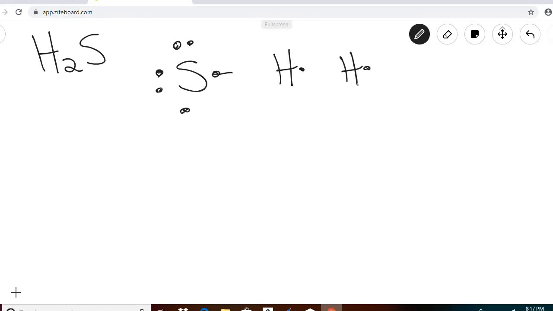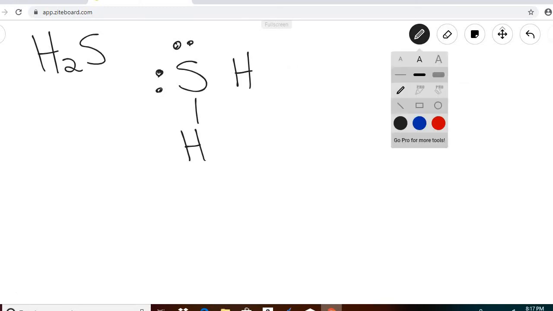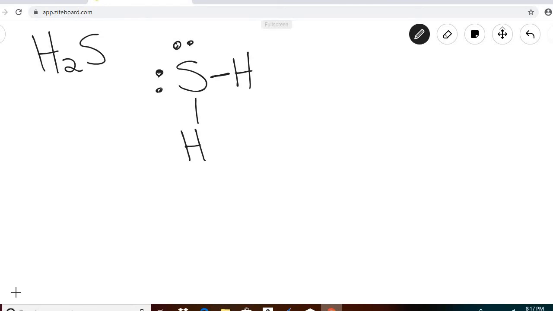So we will share those unpaired electrons between the sulfur and the hydrogen. And our molecule would look like that. So the sulfur has its 8 valence electrons, and the hydrogen has 2.